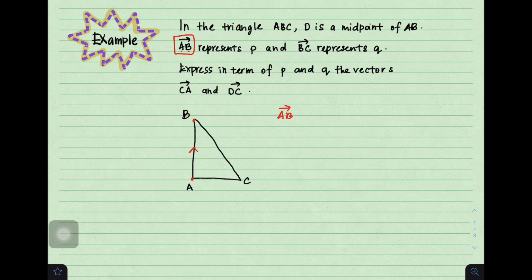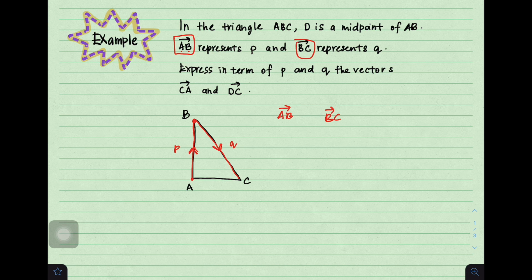And B to C means from B to C. So the vector is in this direction, B to C. Okay. So it said that A to B is represented by P. And B to C vector, so B to C is here, is represented by Q.